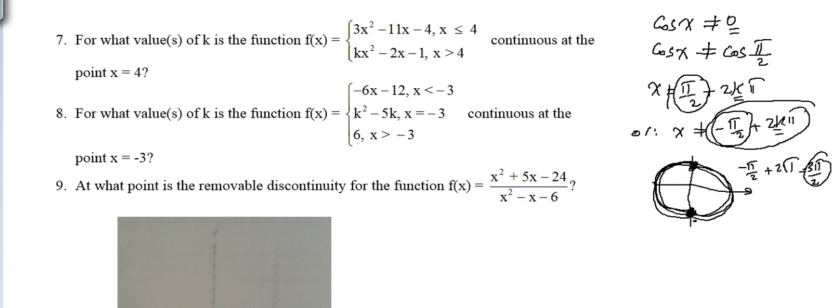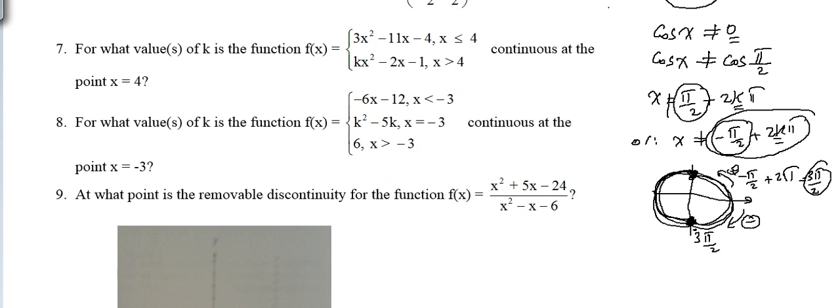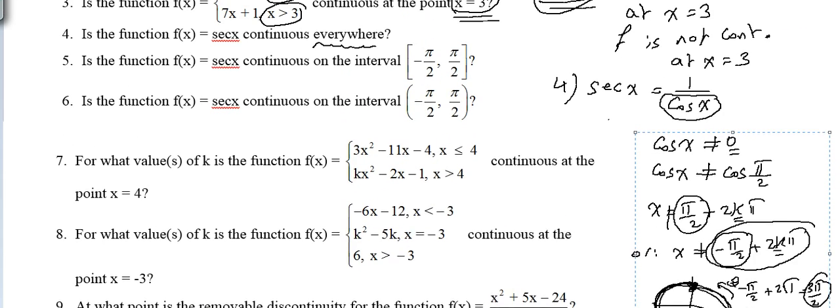This means every odd multiple of pi over 2: pi over 2, 3 pi over 2, 5 pi over 2. This is not continuous because the denominator will be 0 and the function will not be defined. So no, it's not continuous. Secant x is not continuous.